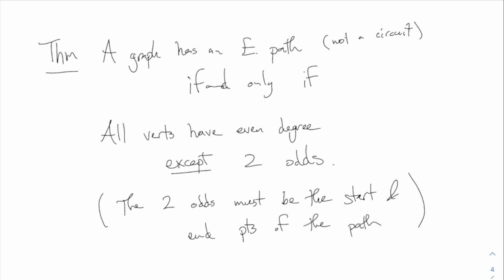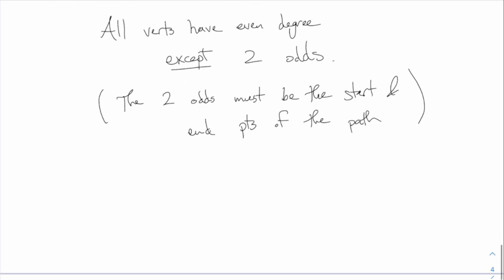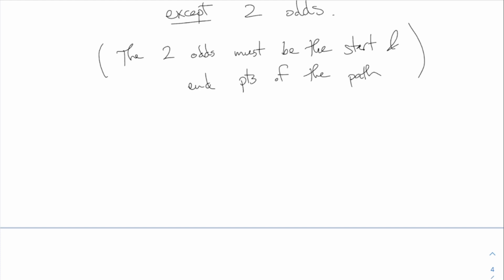So I got, well, maybe can I just summarize? An Euler circuit exists if all even. An Euler path exists if there are 2 odds and the rest even.